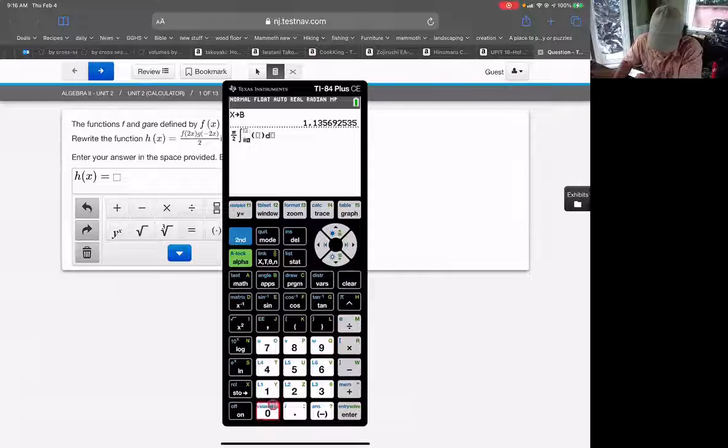I know it's 0 to b. Alpha b. Whoa, whoa, whoa, what did I do? I don't know what I did. So I want to put r squared. My r was alpha y3. Look how easy that is.